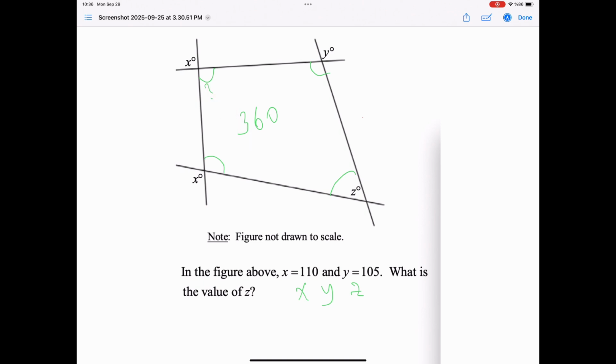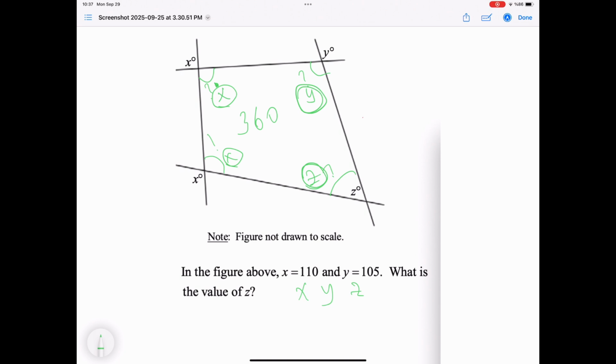So what are these angles? This one is right across X, so it should be X. Same as here, it is right across X, so it should be X. And again, this one is across Y, then it should be Y. And this is already Z, it is given.